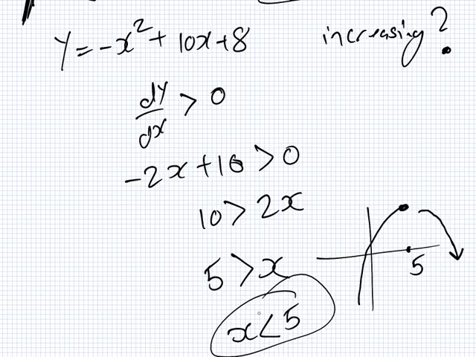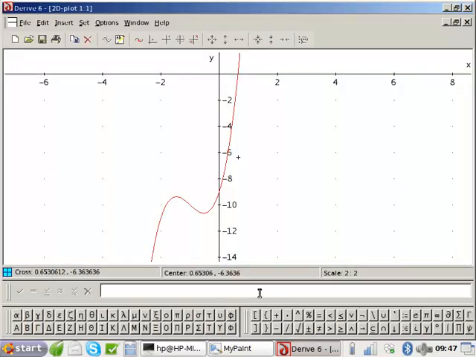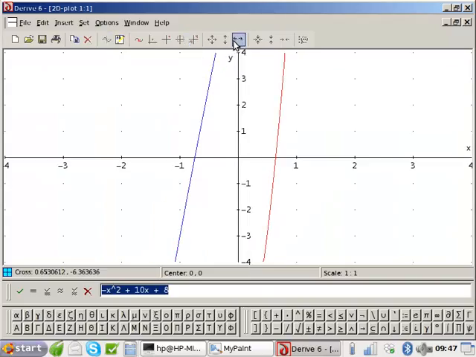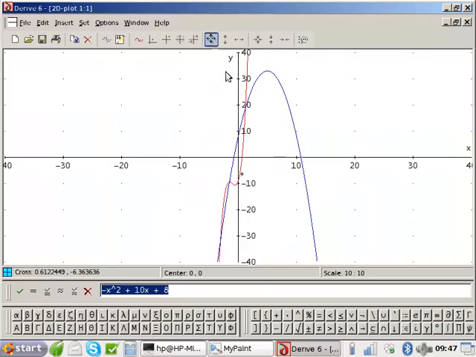So if I have a look at the graph, what was the function? Minus x squared plus 10x plus 8. So it's in blue at the moment. So you can see in the blue one, it's increasing, but then as soon as it hits 5, it changes and starts to decrease then.